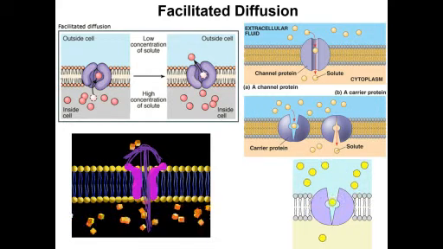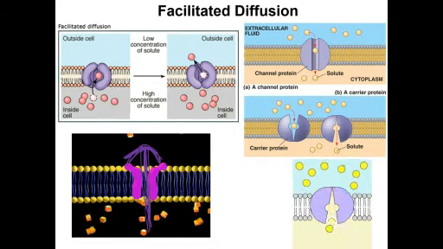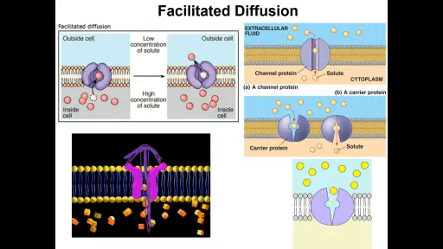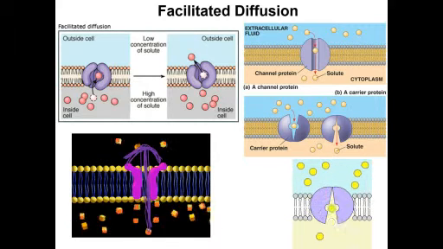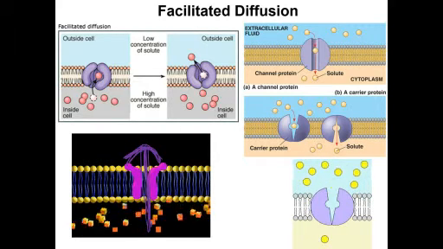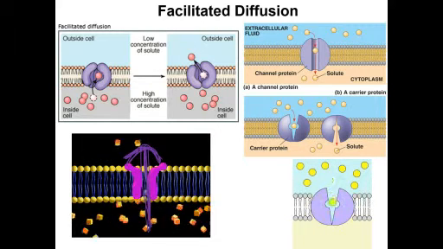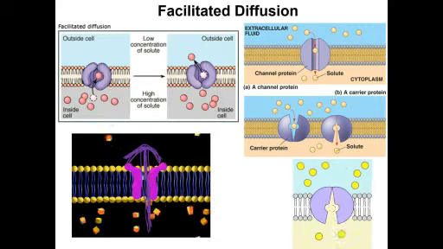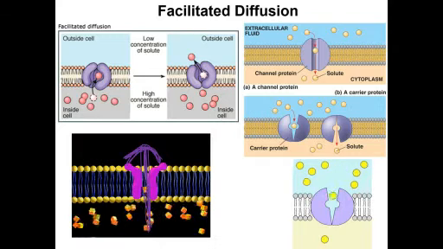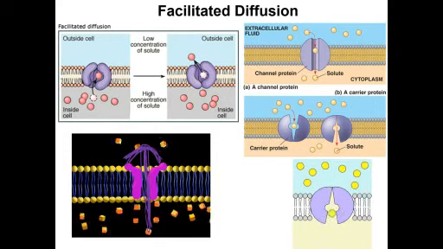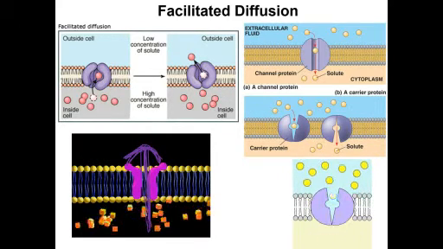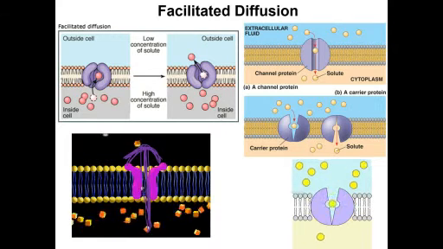Okay. A carrier protein is a little different. It's more like a Pac-Man. Here your carrier protein opens up on one side of the cell. It allows the binding of the solute to a receptor site or binding site in the protein.